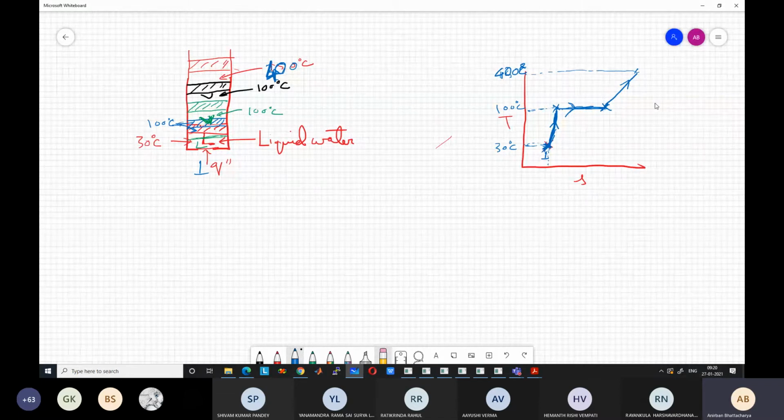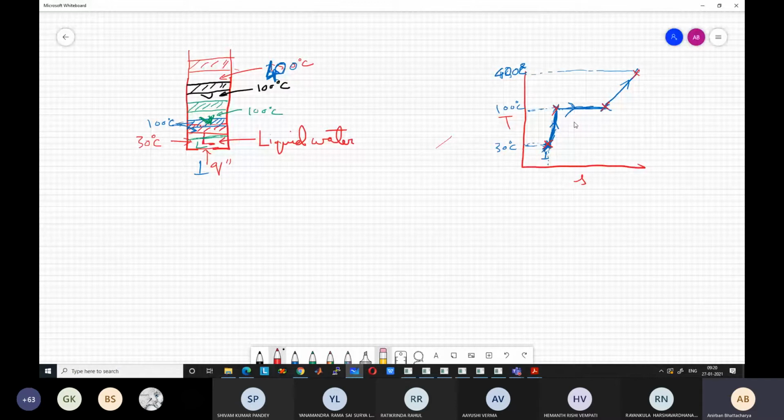So this entire line is a constant pressure line, and it denotes the different phases. From this point to this point is liquid, from this point to this point is vapor, and in between this region there is a mixture of both vapor and liquid.